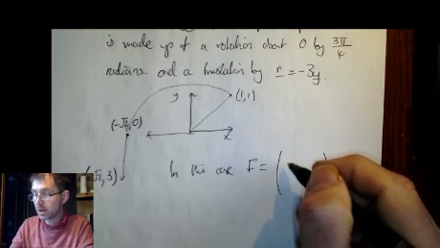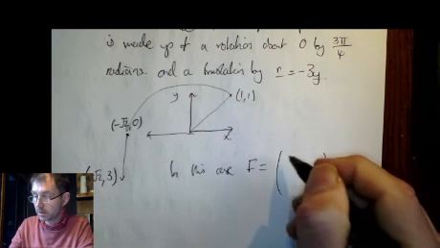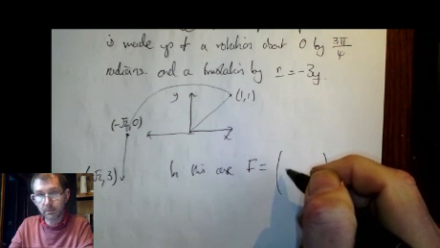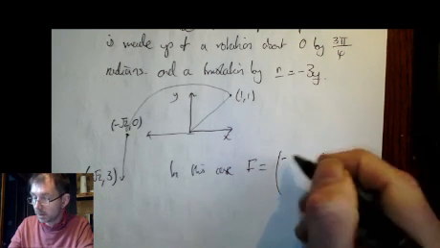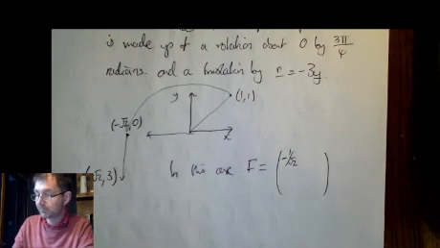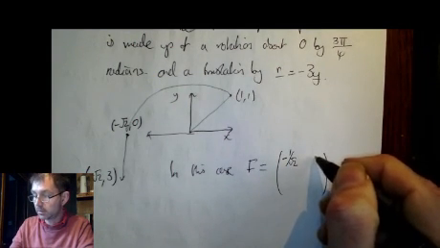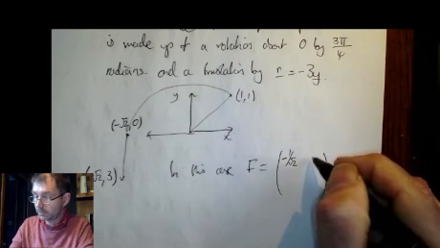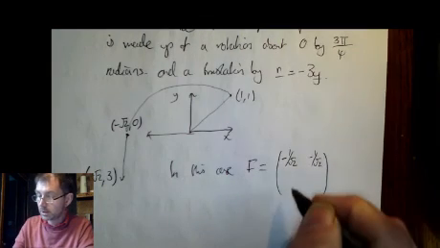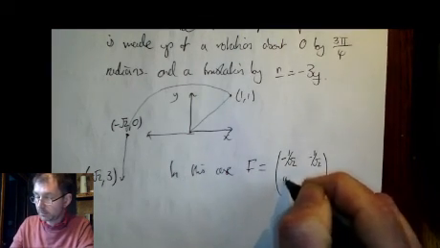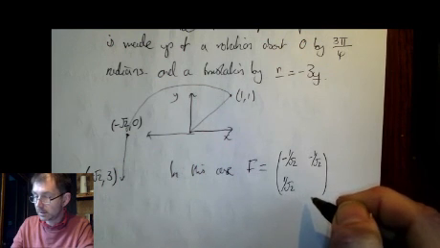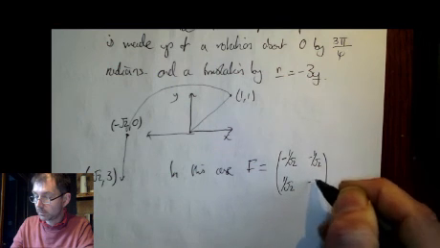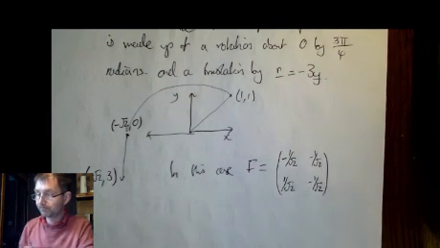It's going to be cos of theta, which in this instance will be cos of 3 pi over 4, which is minus 1 over root 2, and then minus sine of 3 pi over 4, which is again minus 1 over root 2, and then sine of 3 pi over 4, which is 1 over root 2, and then cos of this.